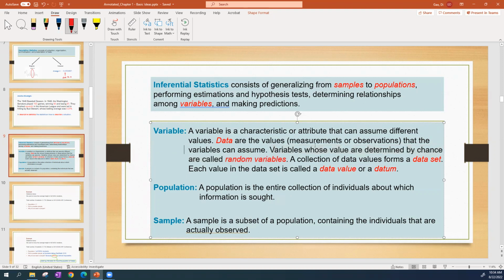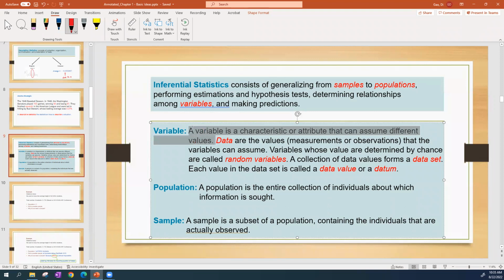For example, we can look at the average height for SHSU students. So height is then considered a variable because by the definition, a variable is something of our interest. Height is the interest now that can vary.